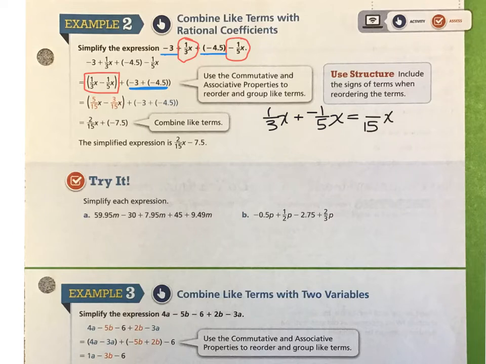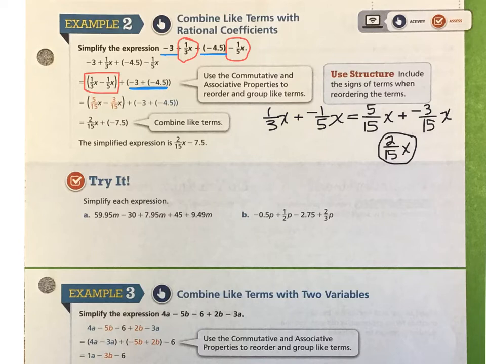So 1/3 x is the same as 5/15 x, and a negative 1/5 x is the same as negative 3/15 x. And 5/15 plus a negative 3/15 is 2/15 x. Remember, when you add fractions, you're just adding the numerators. The denominator stays the same. So there's my term that just has the x in it.